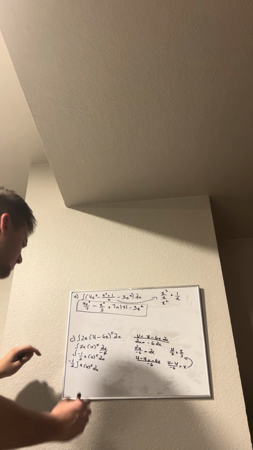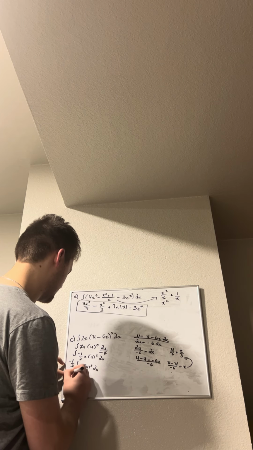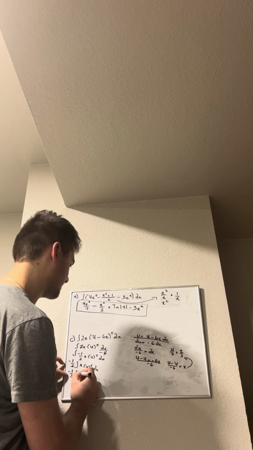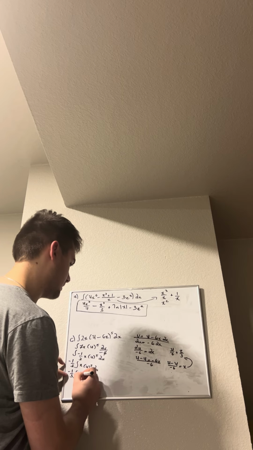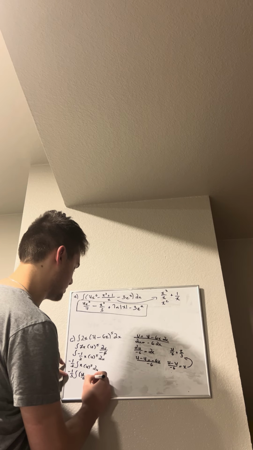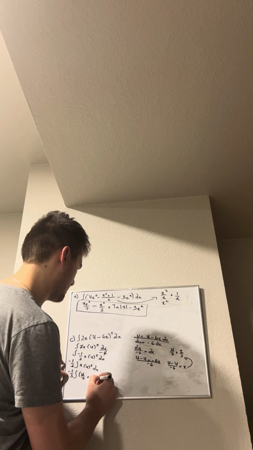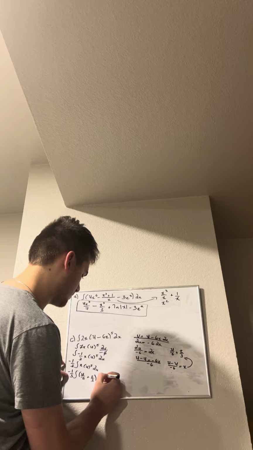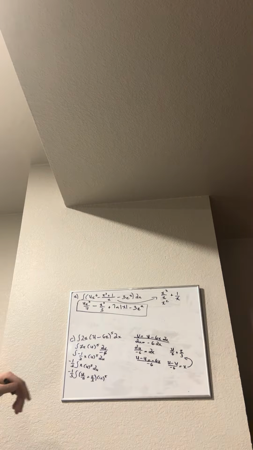And since we have x defined right here in terms of u, we could just write it as negative 1/3 times the antiderivative of u over negative 6 plus 2/3, times u to the 5th du.